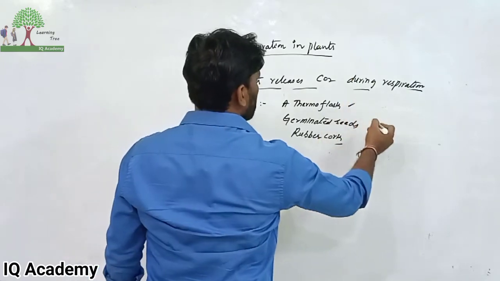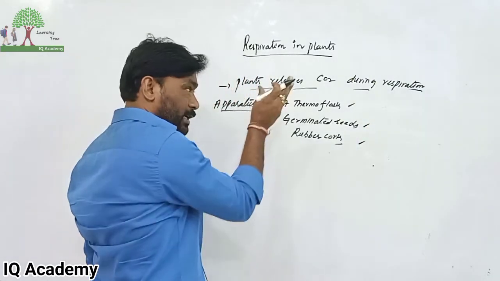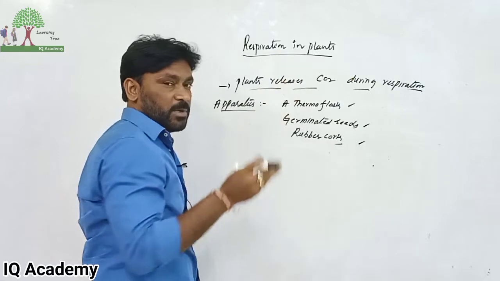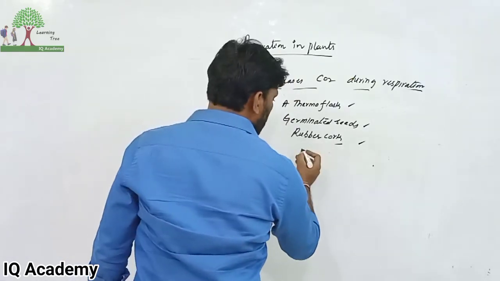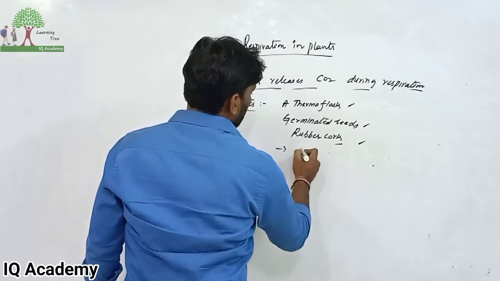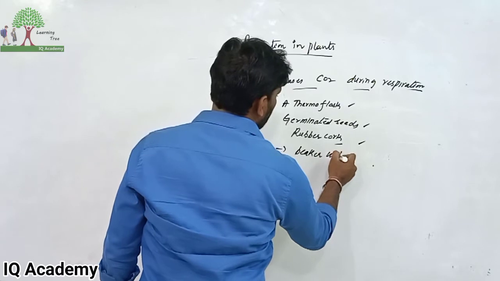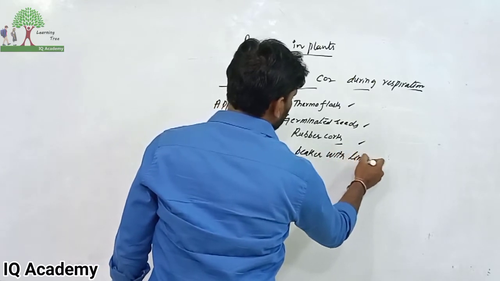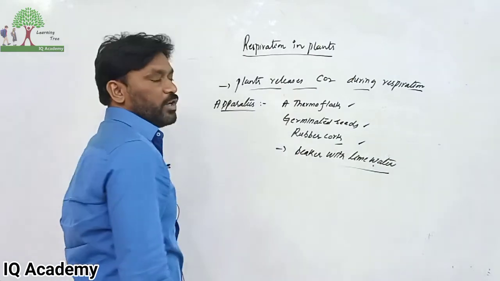So you have taken the thermoflask, germinated seeds and rubber cork. In order to prove that carbon dioxide is released during respiration, lime water is needed. So we have to insert a beaker with lime water. These are the apparatus needed.